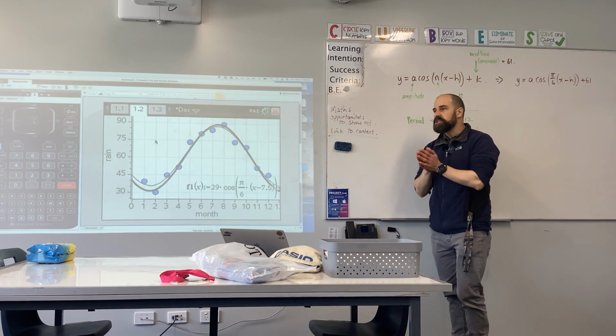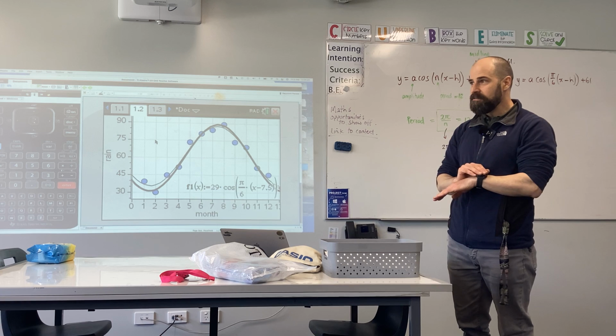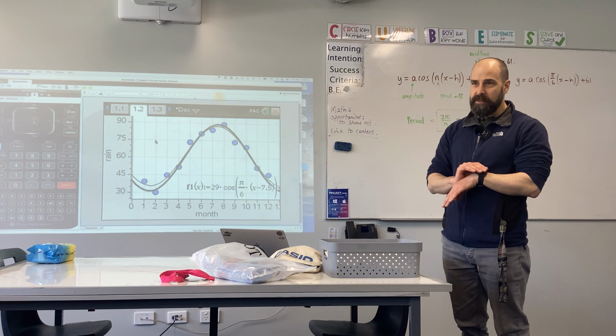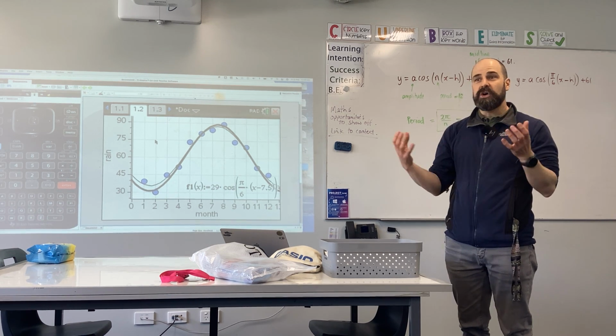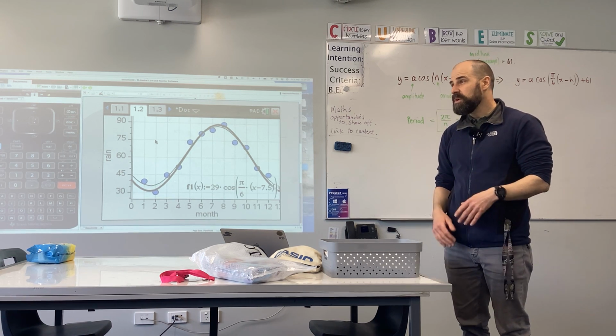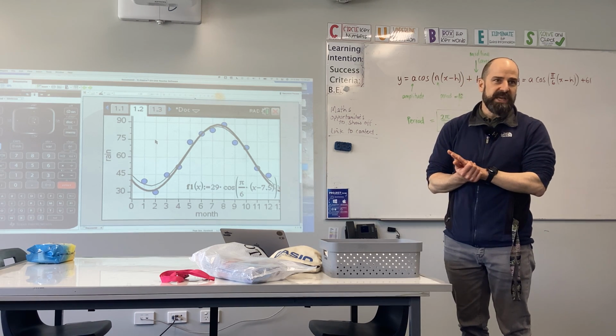One of the things that you can do in your investigation task is watch the time and think, have I got more time to show off? Have I got more time to write a comment about why I did it a certain way? And add those extra bits. If you're sitting there going, I don't know what to do, you're maybe not using your time as well as you can.